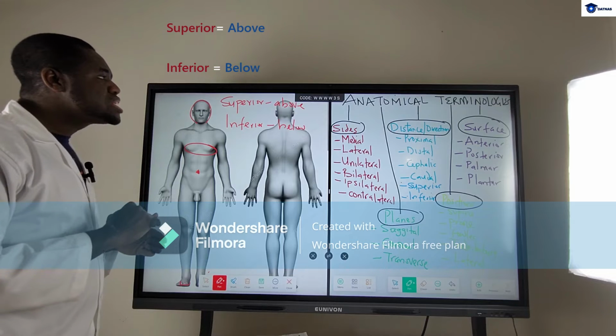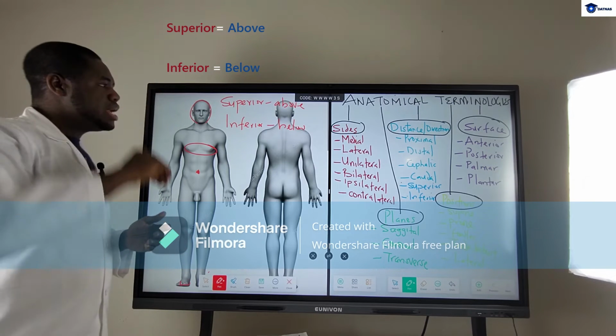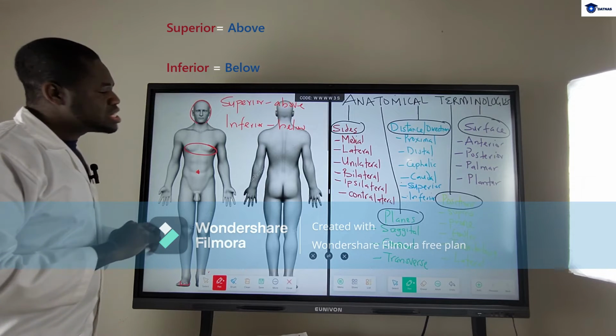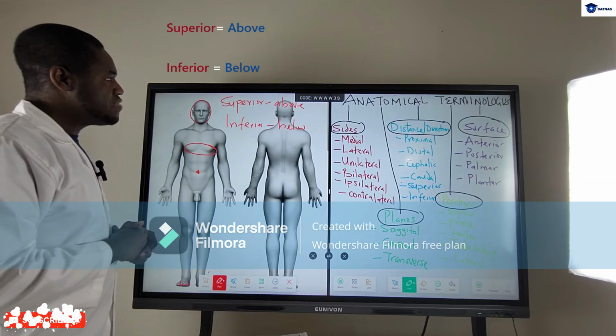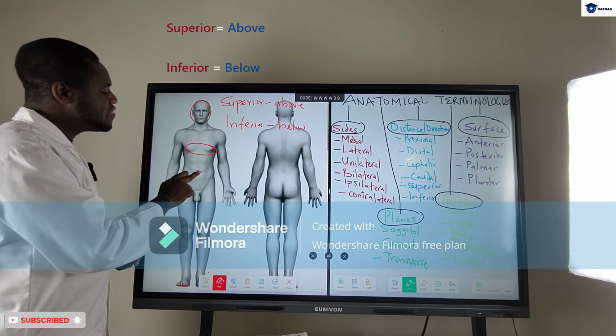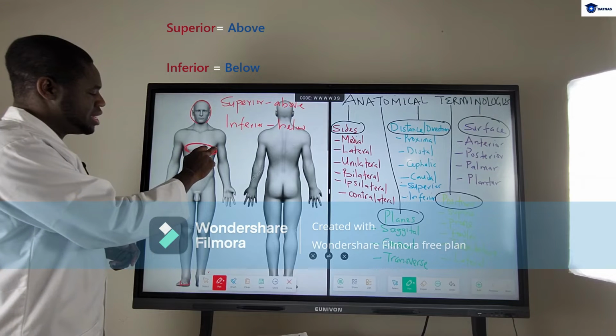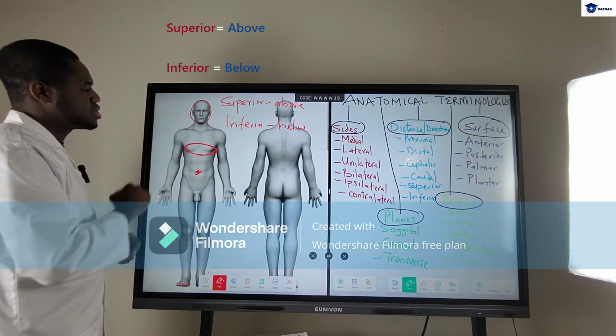So superior means anything that is above. Now inferior means below. So if I say that the umbilicus is inferior to the breasts, that is, the umbilicus is below the breasts.